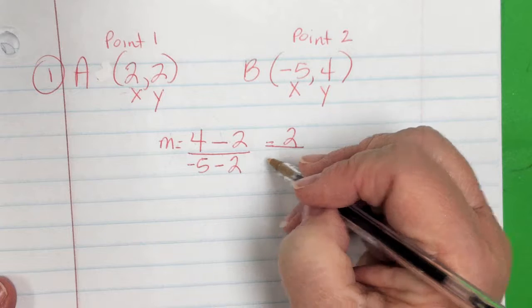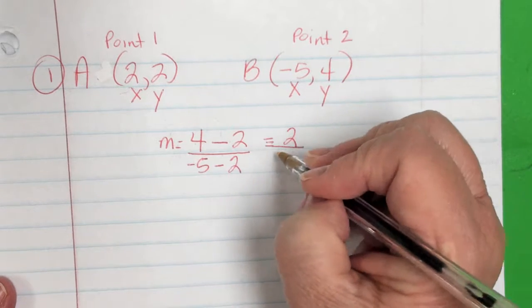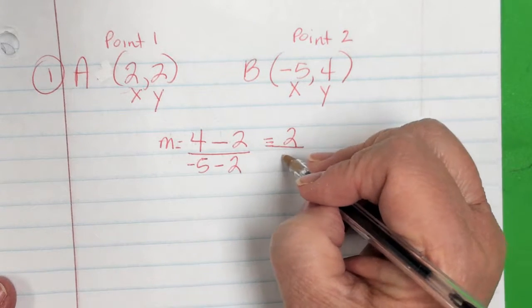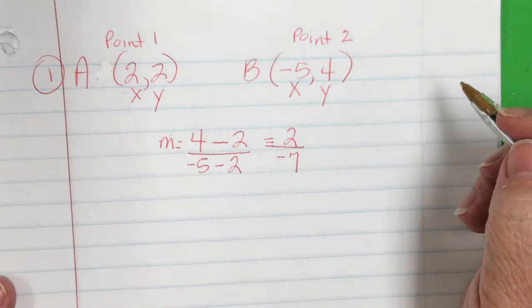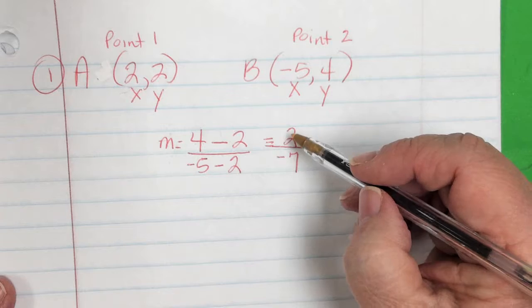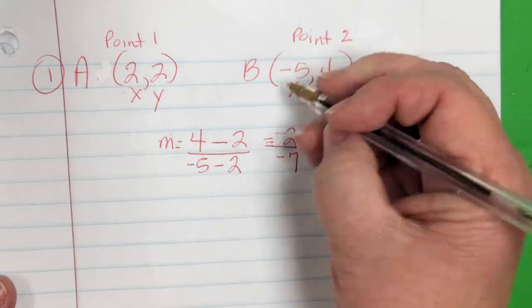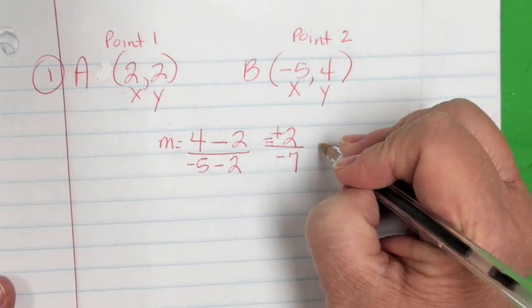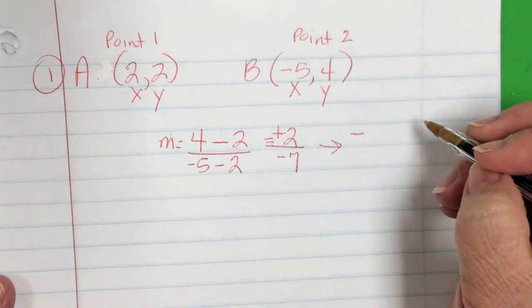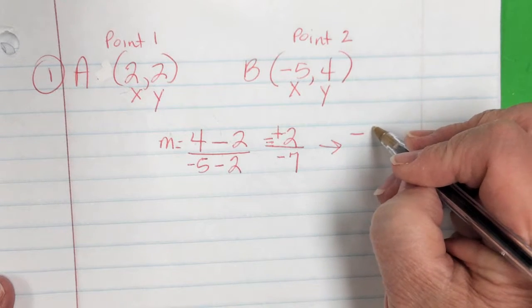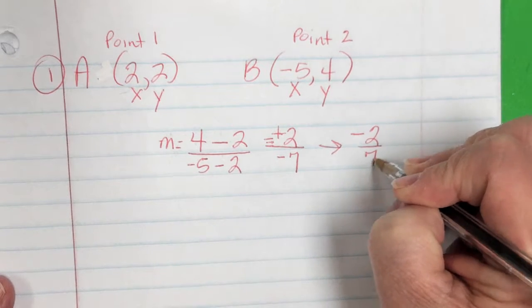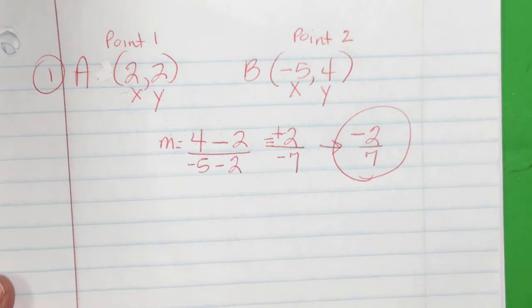And when we calculate that, we're going to get negative 7. You will not leave a negative sign in your denominator. So simply think of it like this. What's a positive divided by a negative? Negative. 2/7, I can't simplify that anymore. They have no common factors. So negative 2/7. And there's my answer.